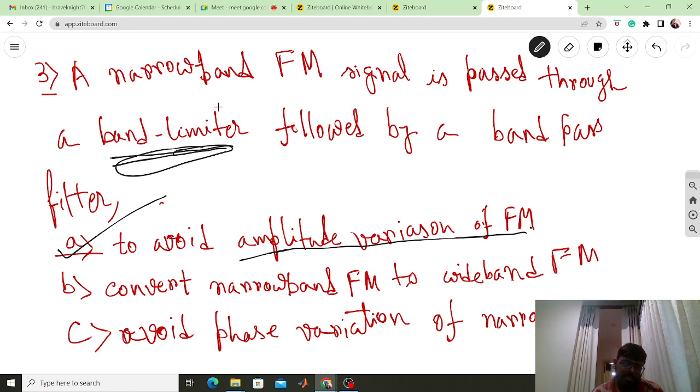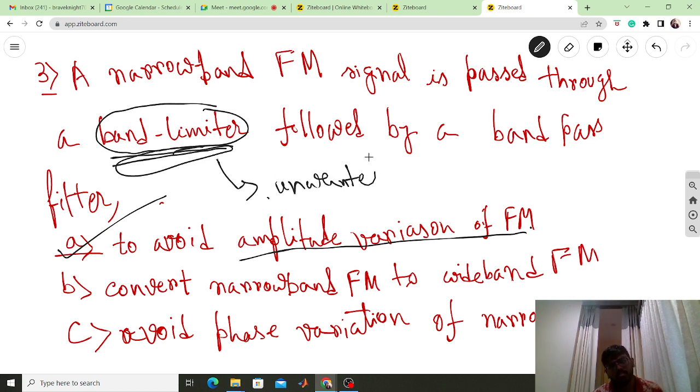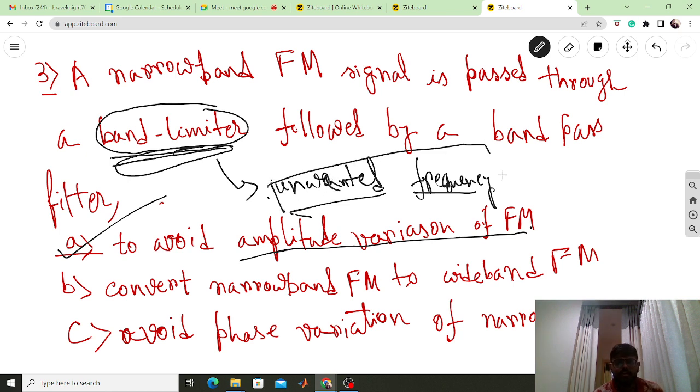If we use this band limiter, there are some unwanted frequencies, and the contribution of these unwanted frequencies just gets avoided.